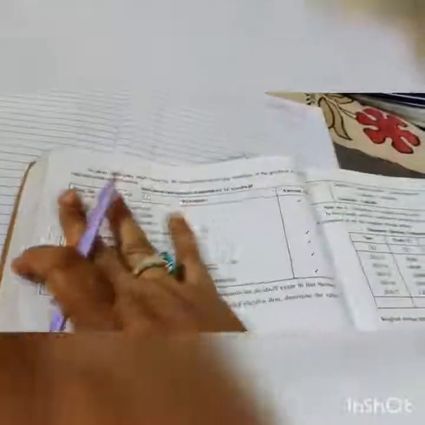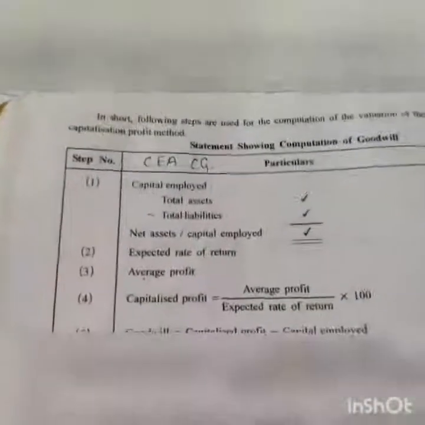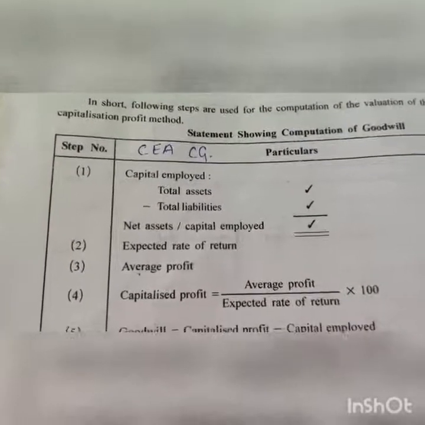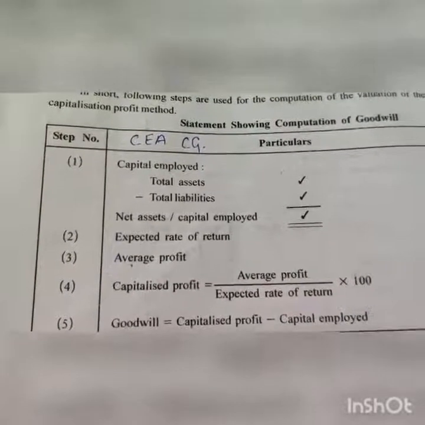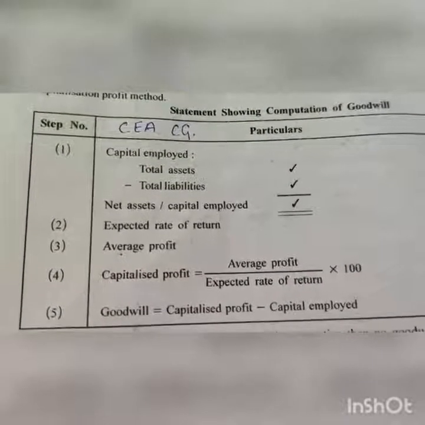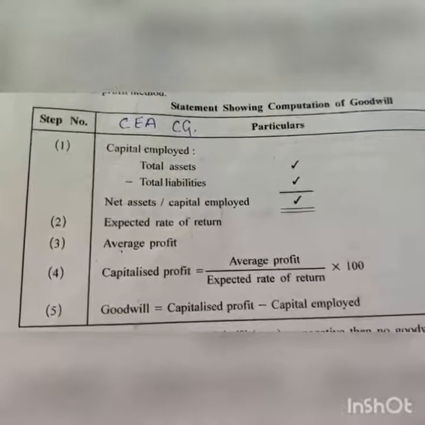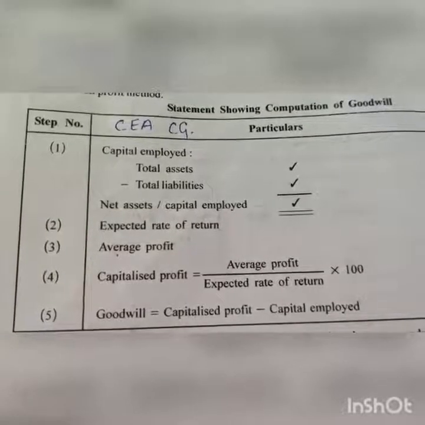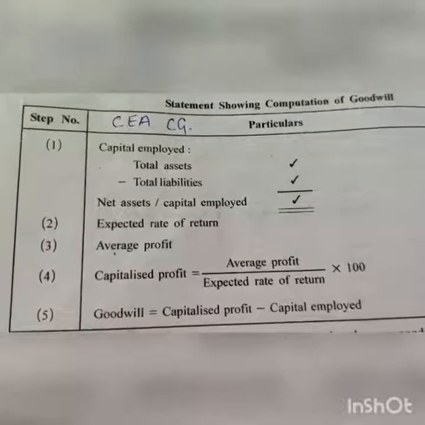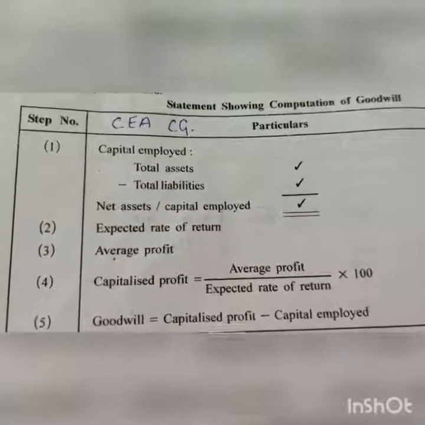Now see here the steps are given. In super profit there are 6 steps. In the capitalization method there are 5 steps: C, E, A, C, G. The first step is the same, capital employed, that is total assets minus total liabilities, or net asset. The second step is also the same, expected rate of return.